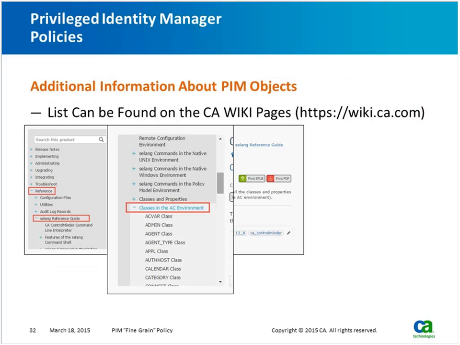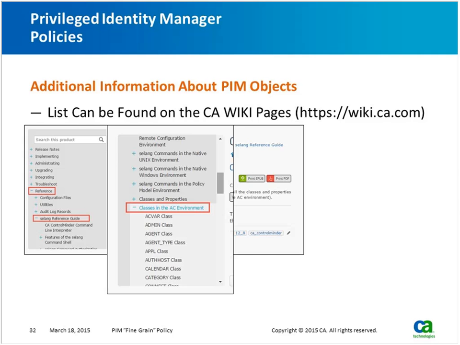Slide 32. If we're looking for a list of what PIM objects are there, you could go to the wiki pages for CA, right here. You would have to log in. I would look at the reference guide, specifically the SEOS language reference guide. If you page down, there's a section called classes in the AC environments, and this is where you start seeing your PIM objects.